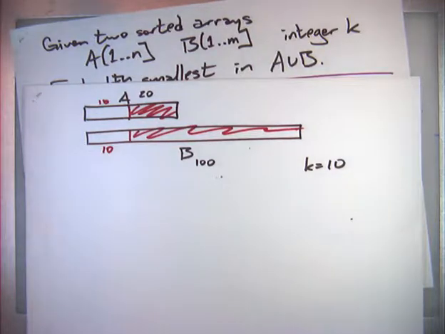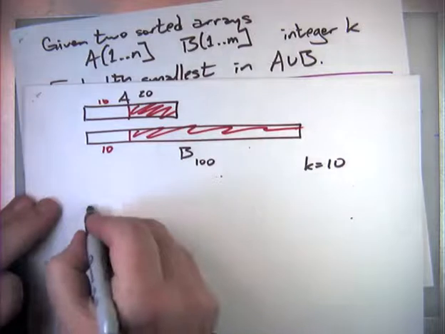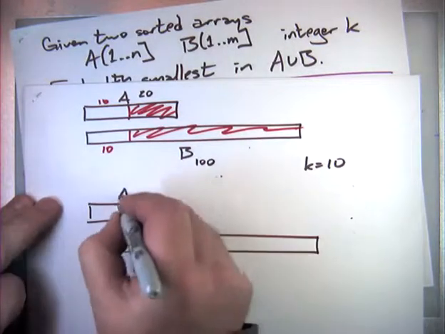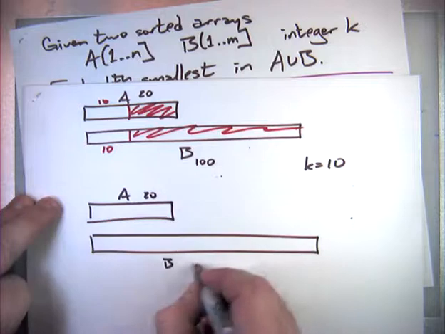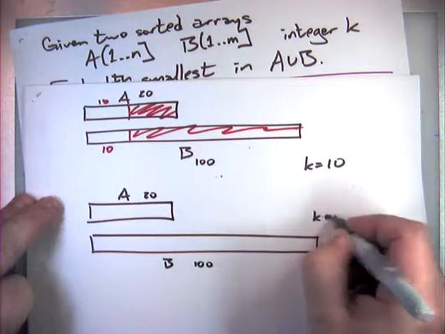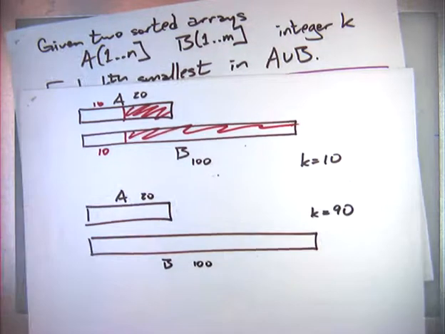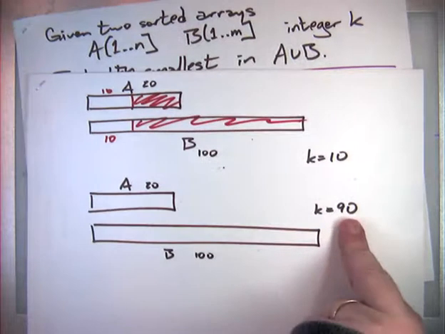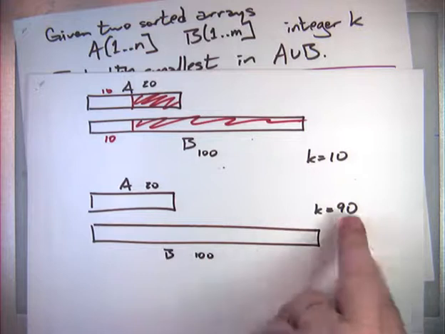All right. Now there's a symmetric case. Let's say A has size 20 and B has size 100 and K is 90. In other words, I'm looking for the 30th largest thing.